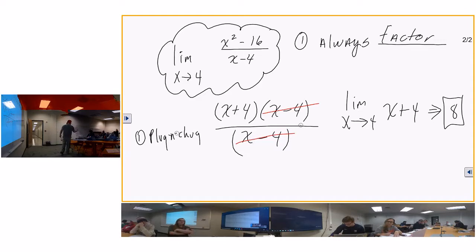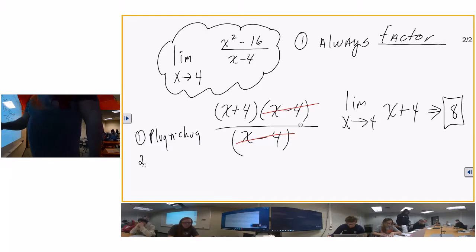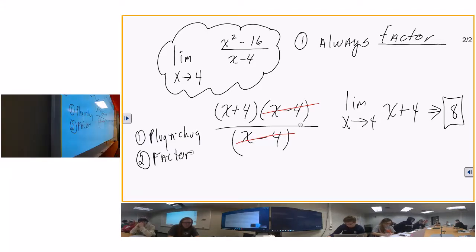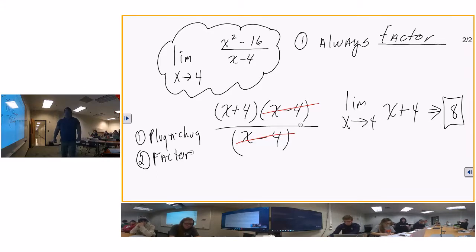Everybody with me? If you get something undefined, then you're going to have to do more. So number 2, factor. I thought that was number 1. No. Number 1 is just plug and chug.